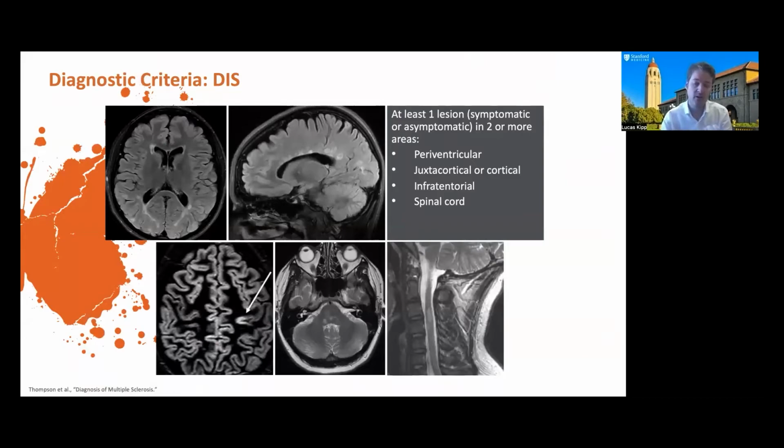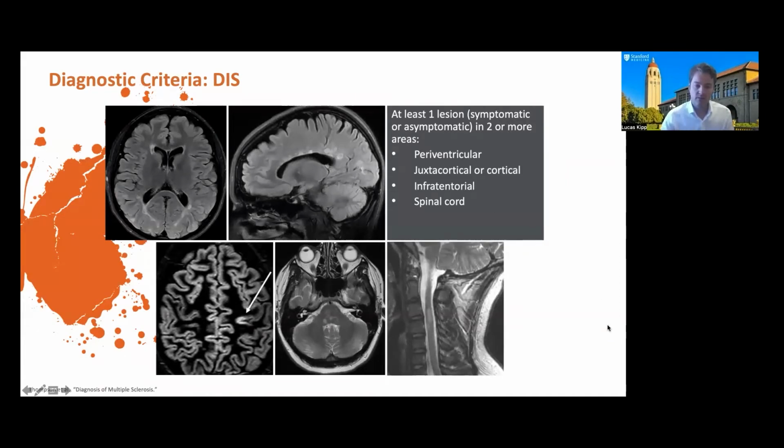So from an MRI perspective, what you need to show is that you've got at least 1 lesion in 2 of these key areas. So lesions can be periventricular, juxtacortical, or cortical, in the infratentorial brain, meaning brainstem or cerebellum, or in the spinal cord.